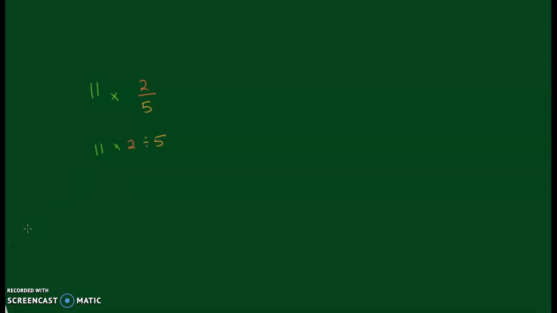And 11 times 2 is 22. Then I'm going to think about the divided by 5. And 22 divided by 5 is 4, and I'll have 2 left over, so it'll be 4 remainder 2.